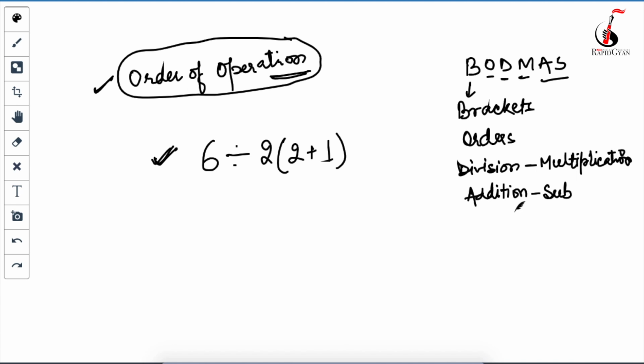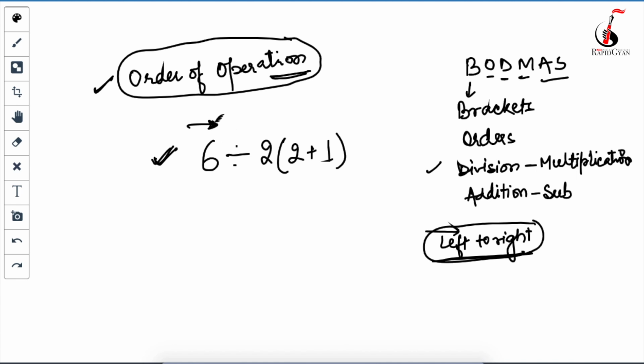We solve that problem from left to right. Just guys, remember that this is very important. If in a problem there are two operations and both have the same precedence, for example in this case division and multiplication have the same precedence, so we start from left to right, means from this side we will go to the right side.